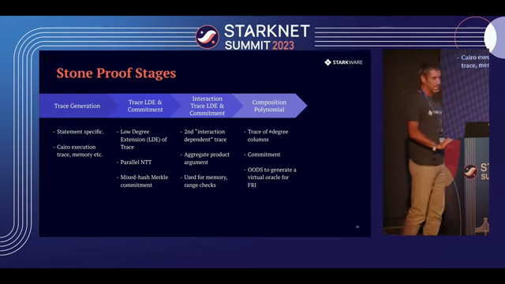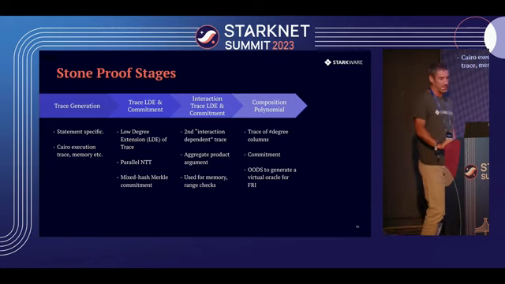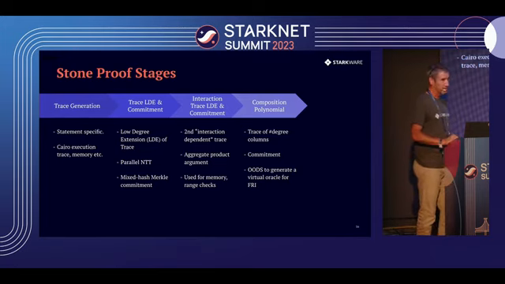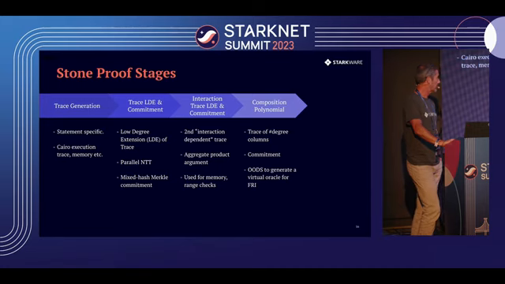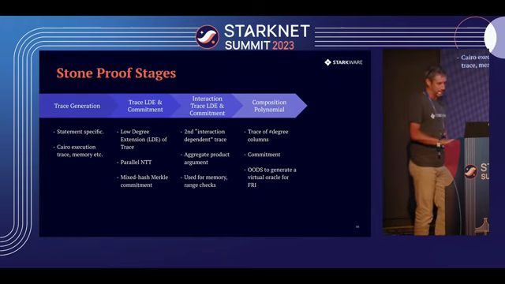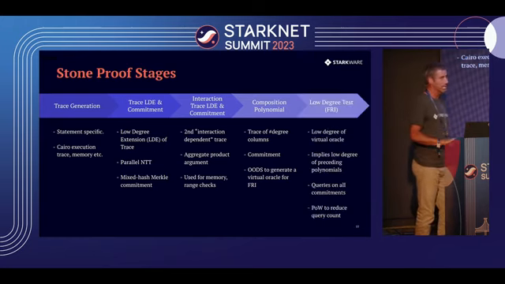The degree of the composition polynomial is basically the degree of the trace multiplied by the degree of the constraints. So the higher the degree of the constraints, the larger the composition polynomial, of course. We commit to this polynomial, and then we use out-of-domain sampling, or OODS, in order to create a virtual oracle for the final step of the STARK prover, which is the low-degree test.